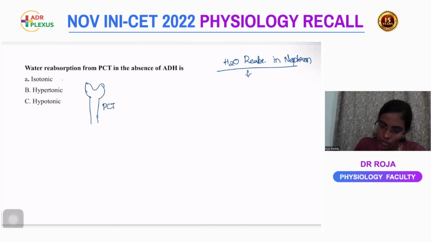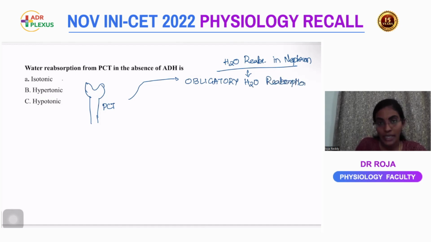Now at the level of this PCT, what will happen? It is known as obligatory water reabsorption. Obligatory means it will happen. So what is this obligatory water reabsorption?